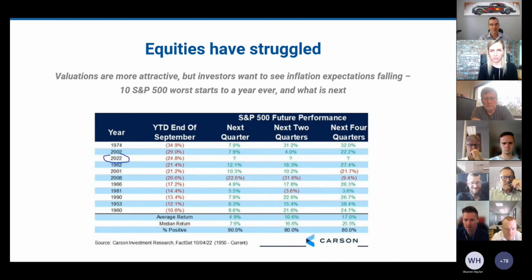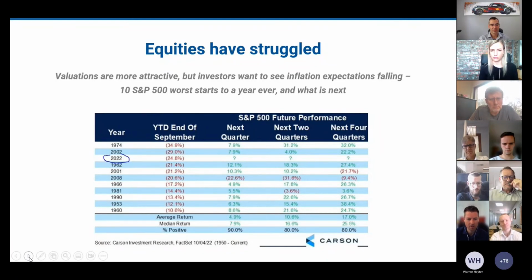So for the next 4 quarters, it was a very tough environment. 2008 as well. Ian's gone through that, the global financial crisis. If we go into a period of a deep, extended recession in the US and by implication globally, we could still see some negative returns going forward.